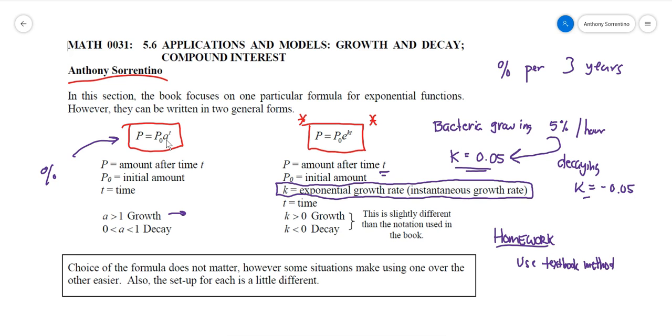If I had 5% growth, that's 1.05, and if I said 5% decay, that would be 0.95, because this means 100% plus 5%, and this means 100% minus 5%. That's what the decay is. The issue with working with that is making sure you pick the right value for this.